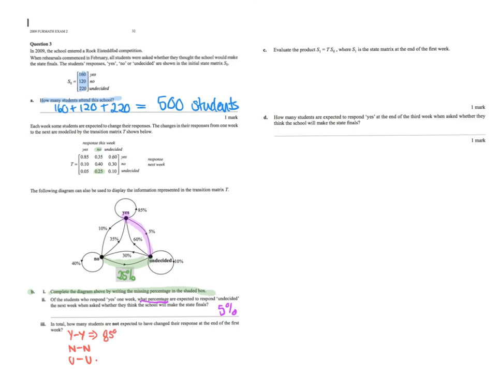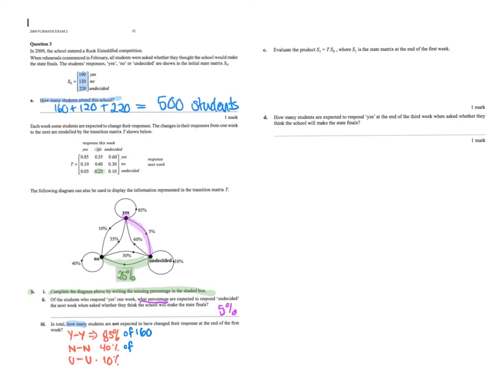No to no is 40%. And undecided to undecided is 10%. Now, we've got to be careful though. They're asking me how many, not a percentage. So really, I want 85% of the yeses. Now, they said in the first week, so yeses, there was 160.